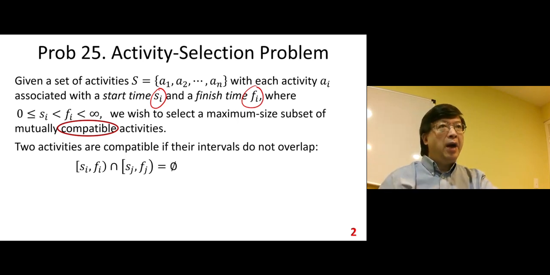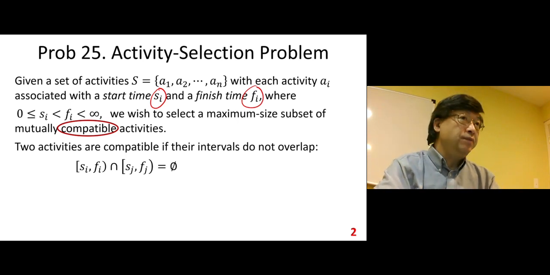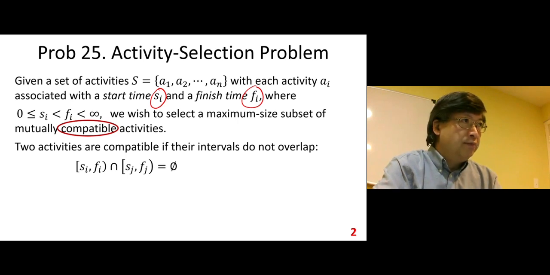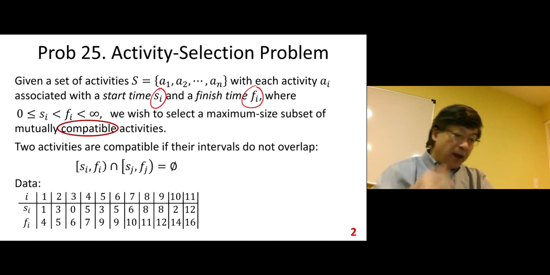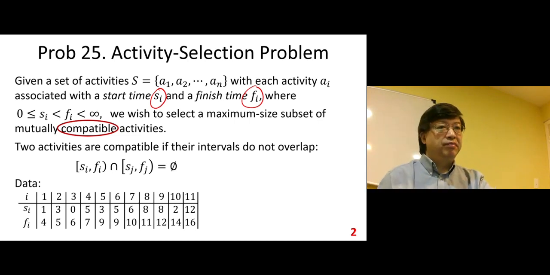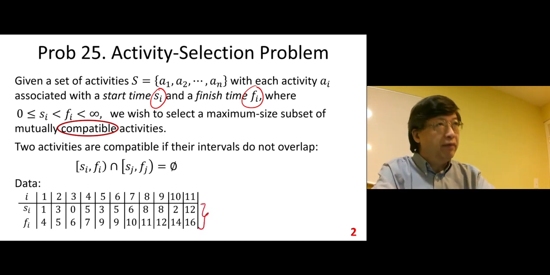Now let's look at the solution first. The solution is very easy if you just use the greedy algorithm. Very easy. Here, let me give you the data. Here, I give you 11 activities with their covering intervals.